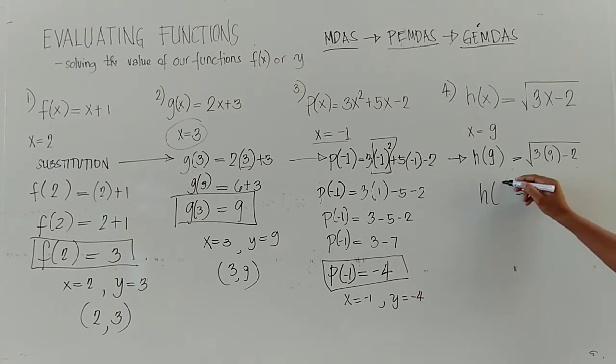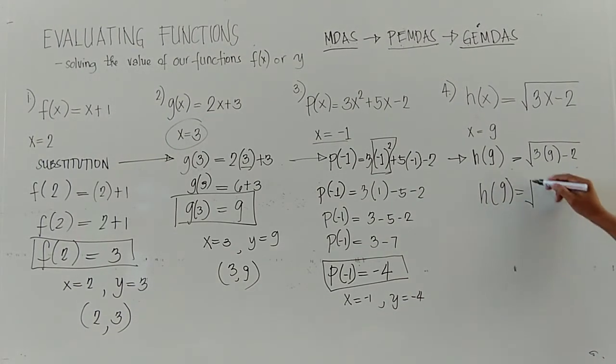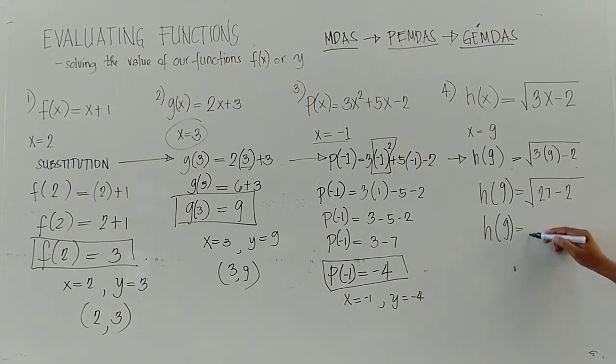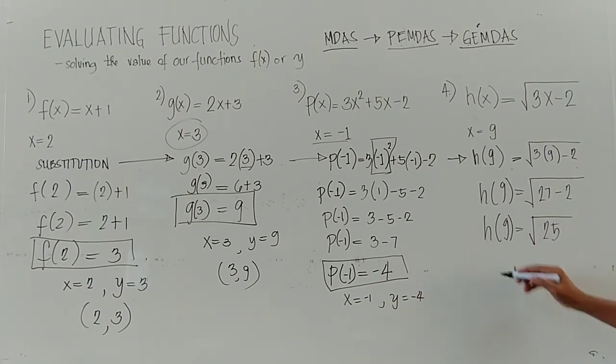So we have h of 9 equals the square root of 3 times 9. So we are on multiplication. 3 times 9, we have 27. Copy minus 2. Then operate. We have h of 9 equals the square root of 27 minus 2. We have 25.